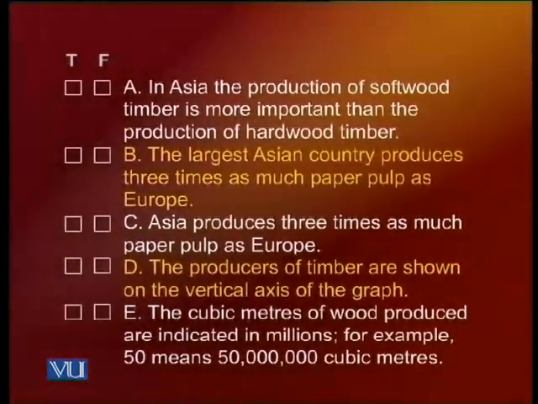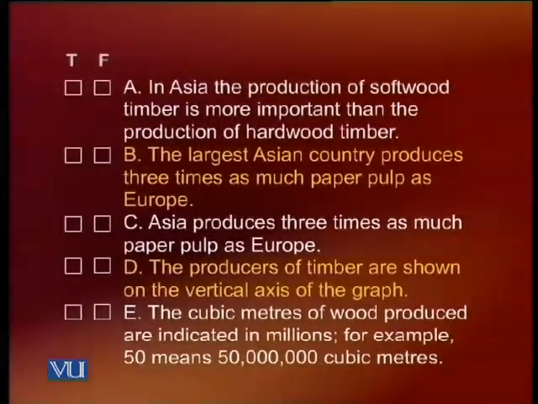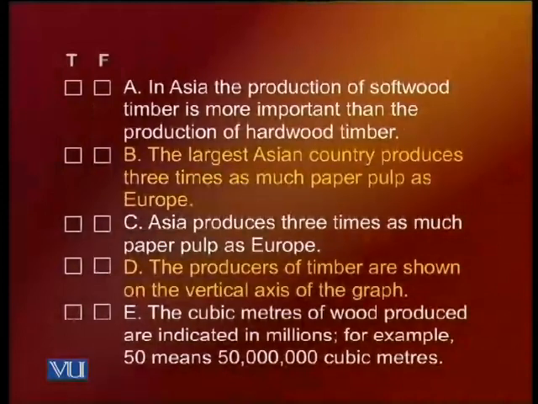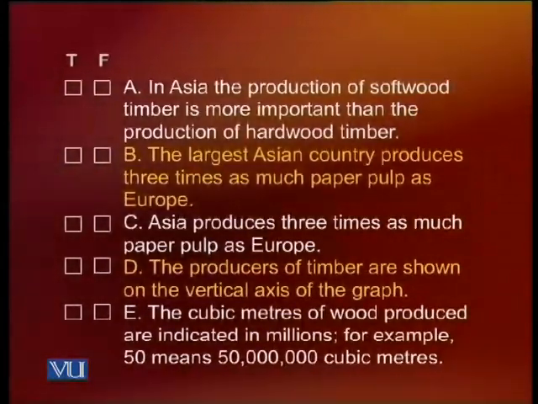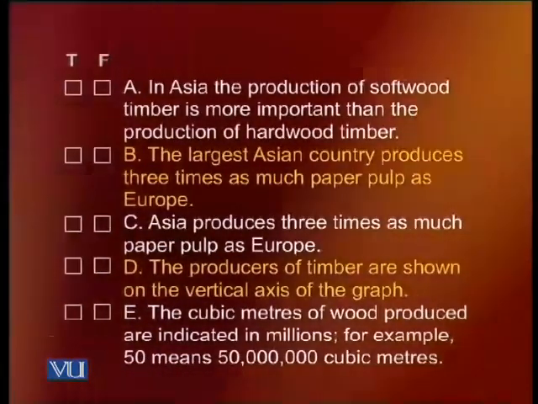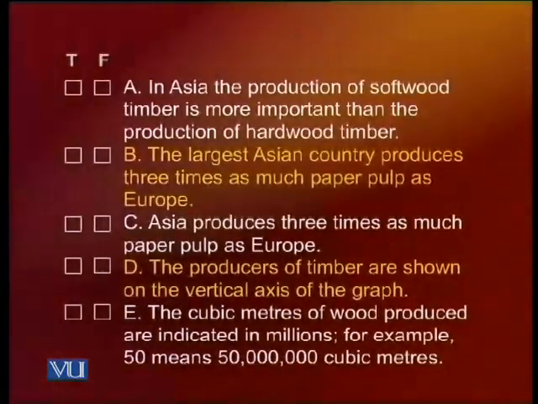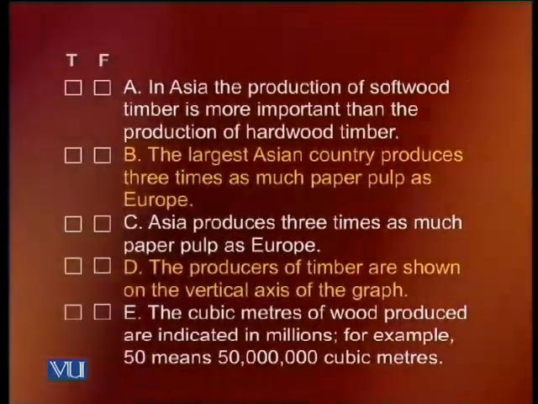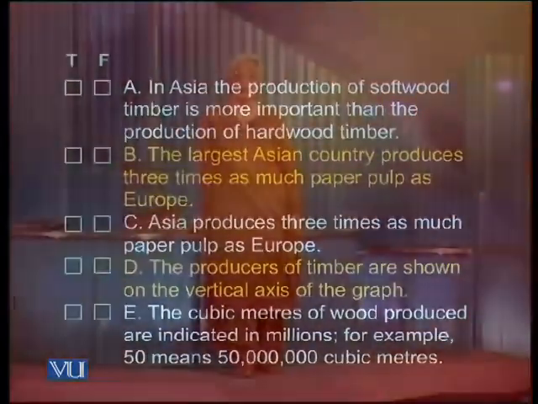False. Number D, the producers of timber are shown on the vertical axis of the graph. True. The cubic meters of wood produced are indicated in millions. For example, 50 means 50 million cubic meters. And it's a true statement.